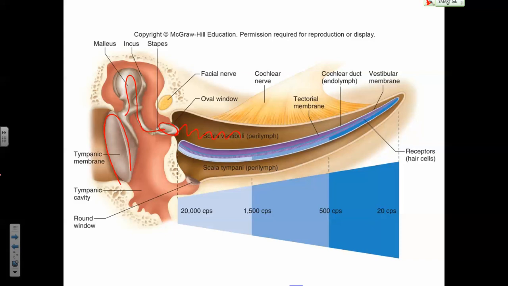Then as it moves on down, it's going to cause the vestibular membrane to move, which causes the endolymph to move, which causes the basilar membrane and the organ of Corti to move up against the tectorial membrane. And then the movement is picked up down here and absorbed at the round window.